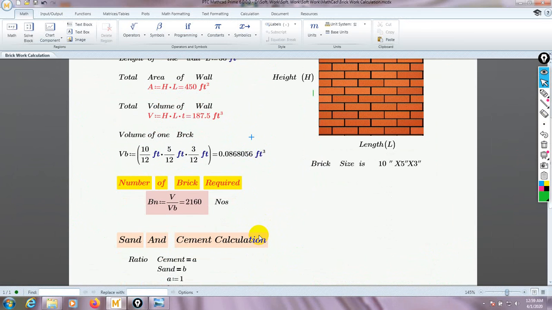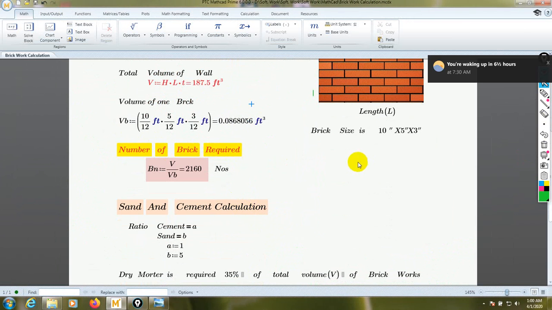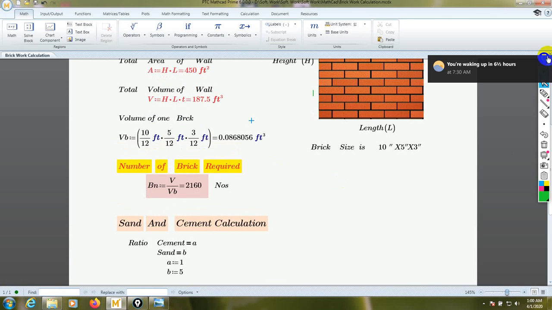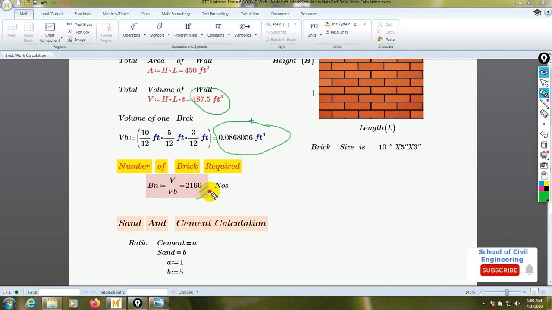Now we'll calculate the number of bricks required. If we divide the total volume of the wall by one brick volume, we'll find our total number of bricks.